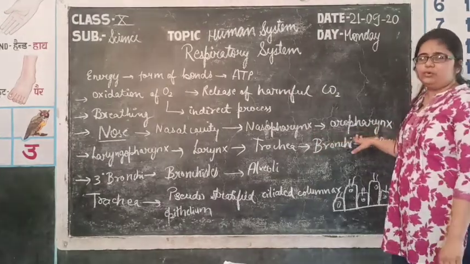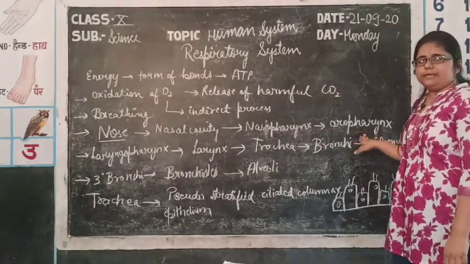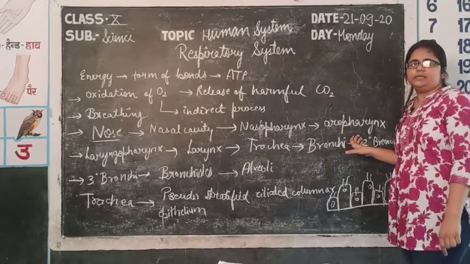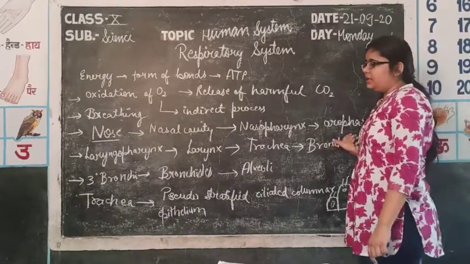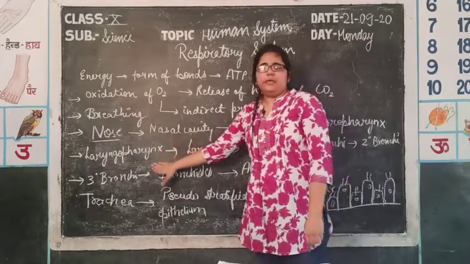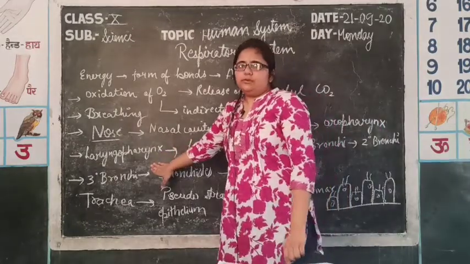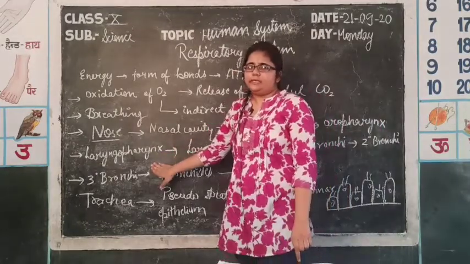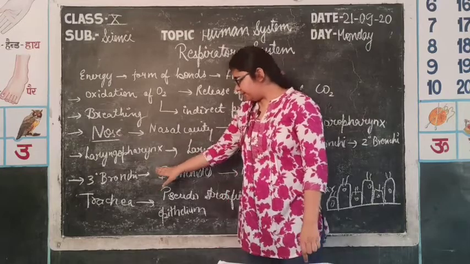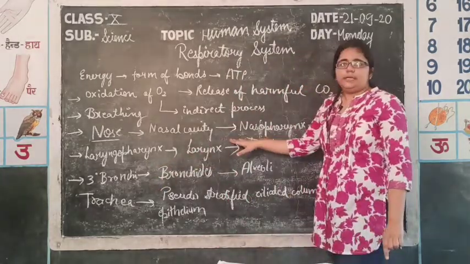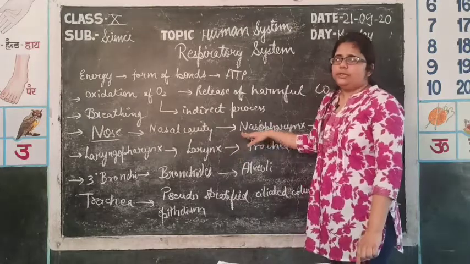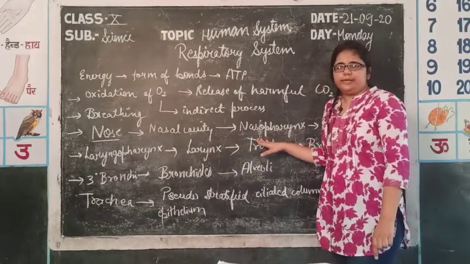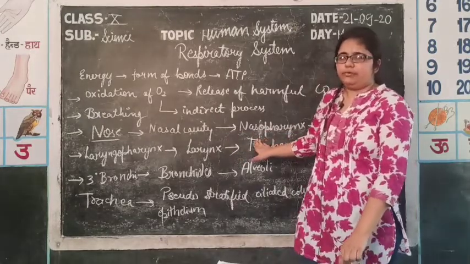Second one is the oropharynx, the part located near the esophagus, in which mainly food is present. Third one is the laryngopharynx, the part located near the larynx, near the windpipe. So, the air taken from the nose first goes to the nasopharynx, then the oropharynx and then finally to the laryngopharynx.